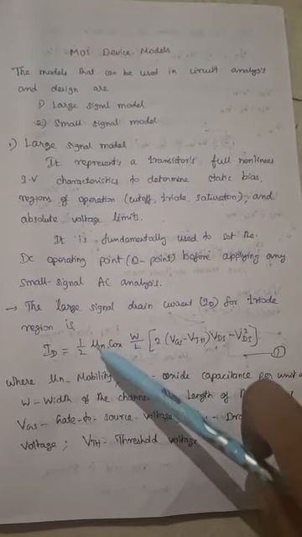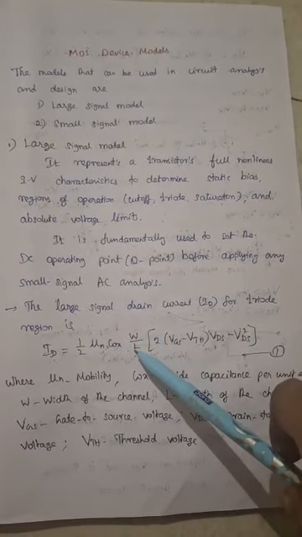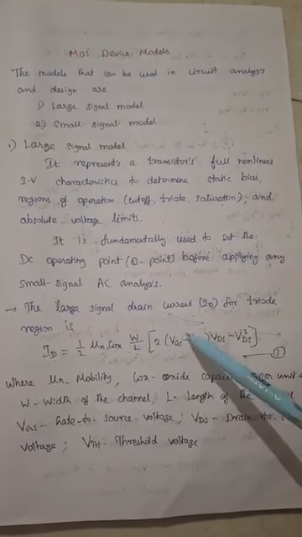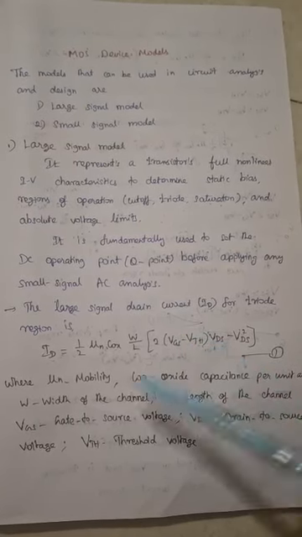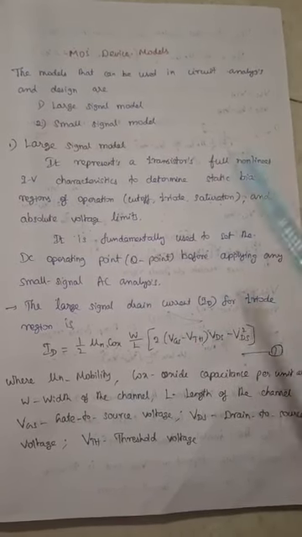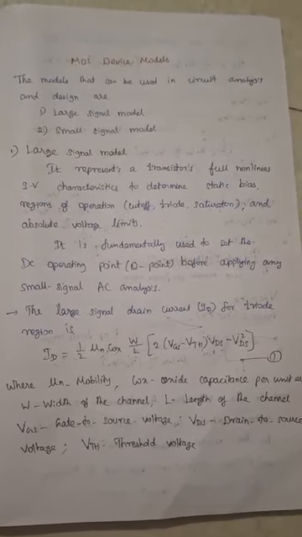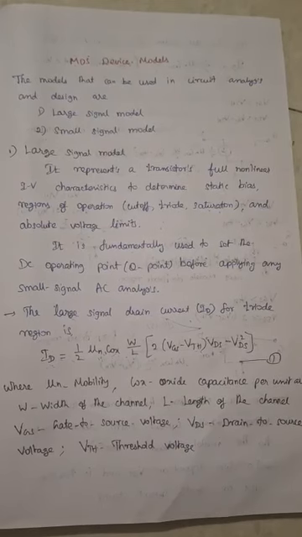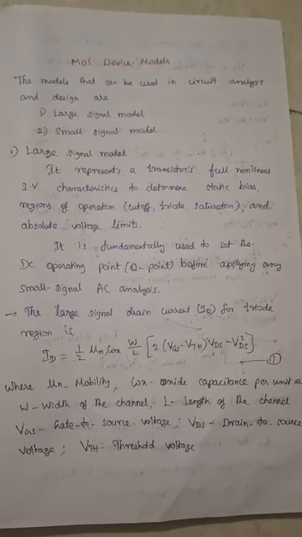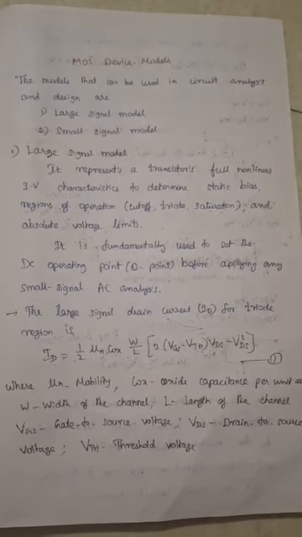Cox means oxide capacitance. W and L are the channel width and length. VGS is the gate source voltage, VTH is the threshold voltage, and VDS is the drain source voltage. This is the equation of drain current when your transistor works in triode or linear region.